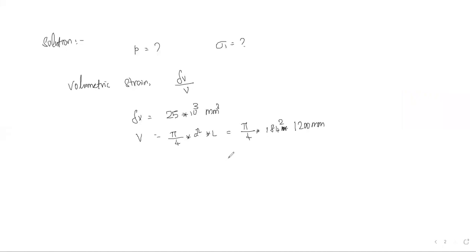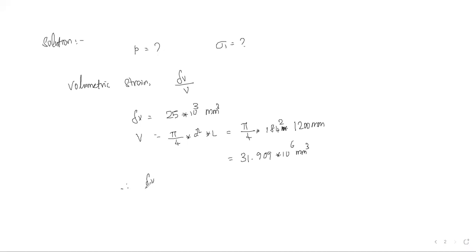If I multiply these, pi by 4 into 184 squared multiplied by 1200 mm, it becomes 31.909 into 10 to the power 6 mm cube.